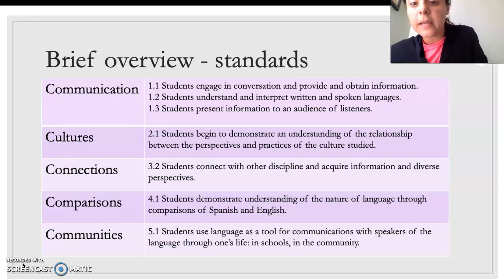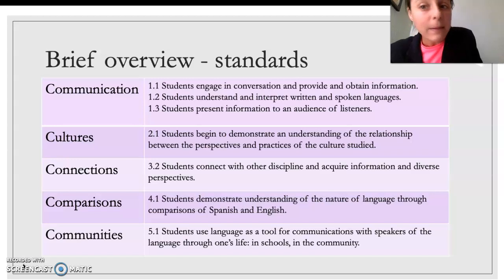Moving on to cultures. Students will begin to demonstrate an understanding of the relationship between the perspectives and practices of the culture studied. In this case, we will be watching videos of Spanish speakers introducing themselves to each other. We will be talking about tú versus usted because it's an intro course.